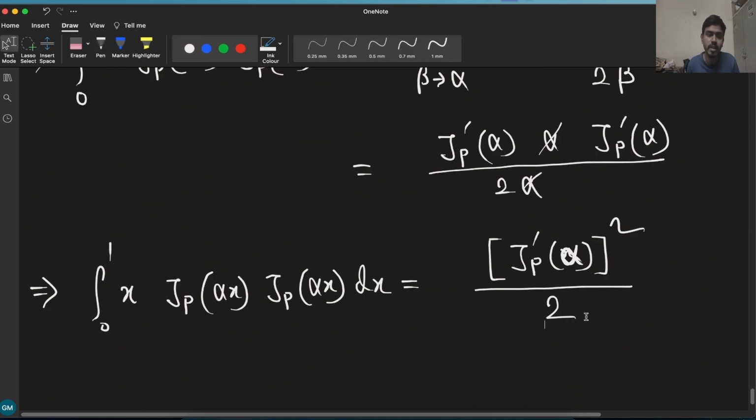Jp'(alpha) whole square divided by 2. So it is showing that this Jp(alpha x) with respect to this weight factor x is not normalized.